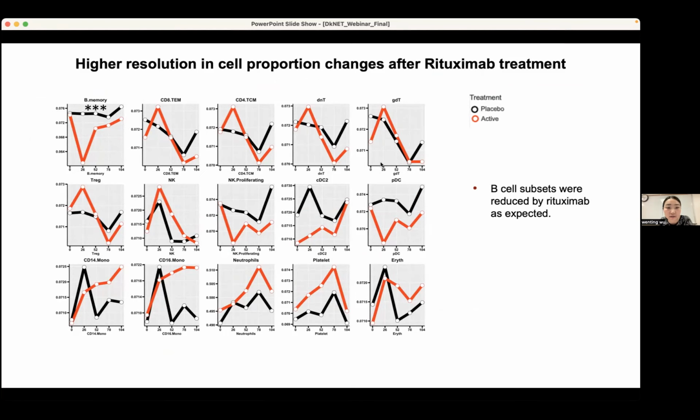The other cell proportions do not change so dramatically by statistical comparison between the treatment arm and the placebo arm.